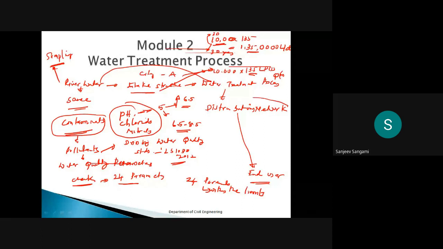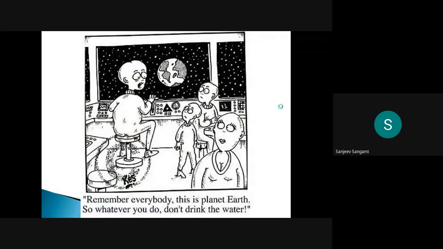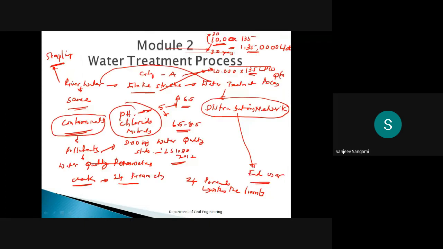So it has to go in a distribution network. Whenever you are going with a distribution network, again the design is there. How exactly my distribution network has to be designed? I already said in the first class, the main objective of a distribution network is that sufficient pressure has to be maintained at the consumer end.